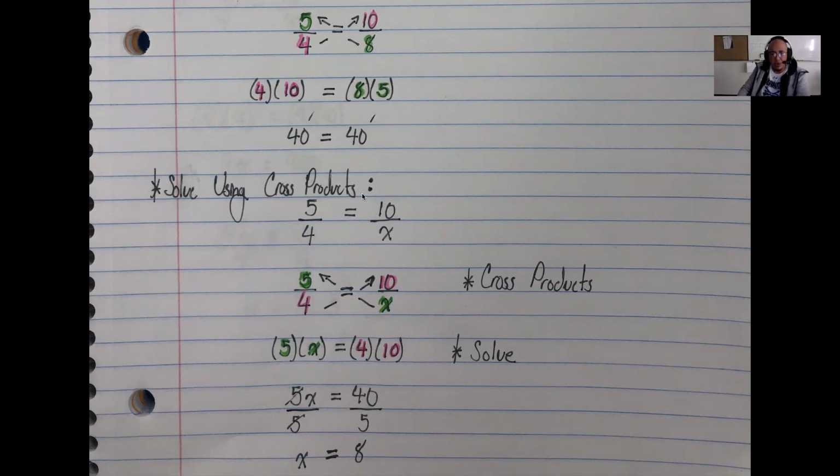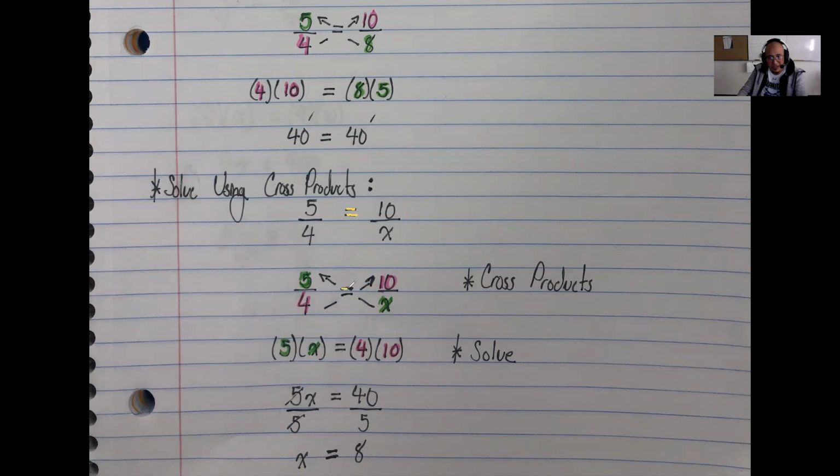Okay, so again, we're being told that this first fraction is equal to this second fraction. So these two ratios are equal. And if indeed they are equal, then their cross products have to be equal too.